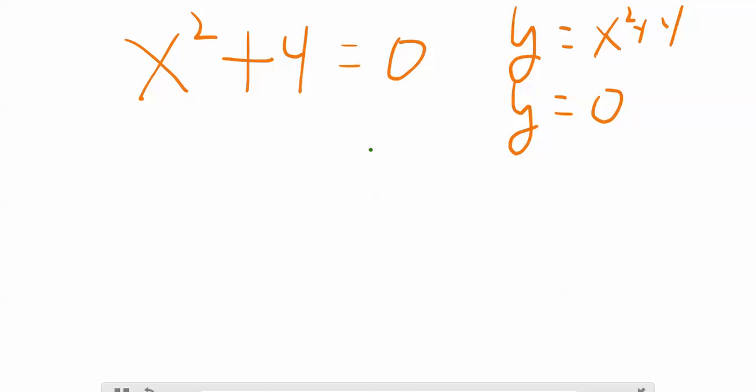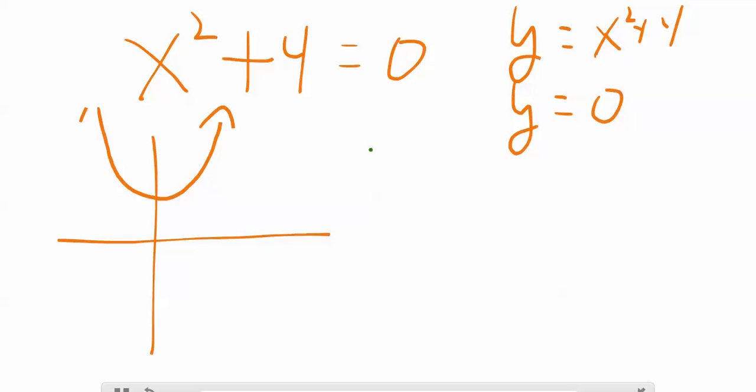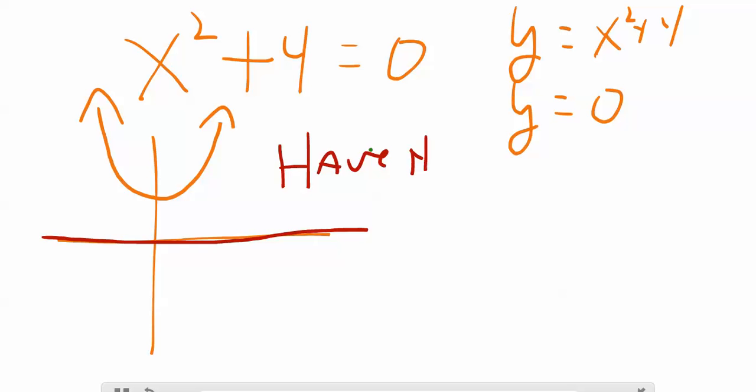So if you put this in your graph, y equals x squared plus 4 looks something like this, right? That's the y-intercept. And then y equals 0, that's the horizontal line. They have no intersection. So this means it has no solution.